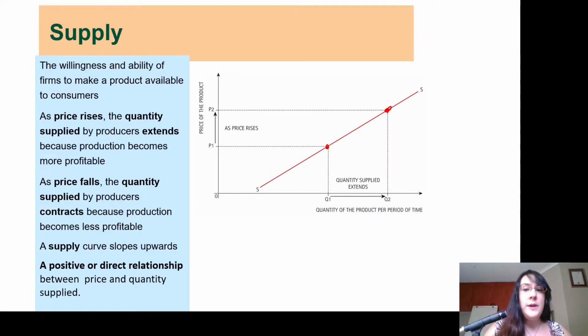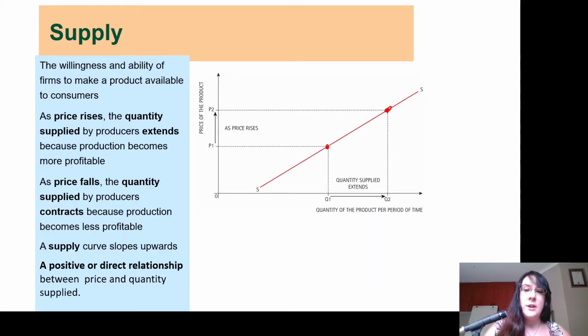So when we are dealing with supply, the relationship between price and quantity supplied is a positive or a direct relationship. In other words, it means if the price increases, the quantity supplied will increase as well. If the price decreases, the quantity supplied will decrease as well.